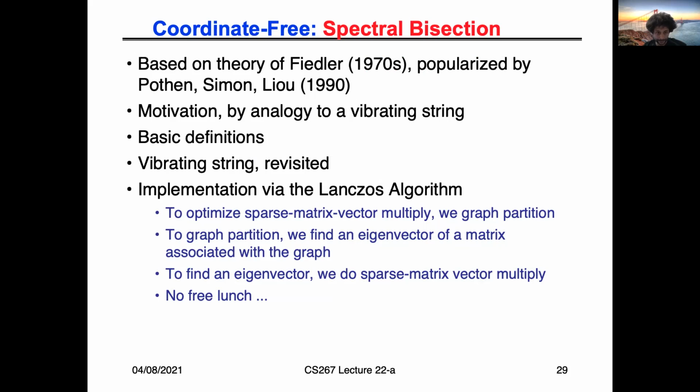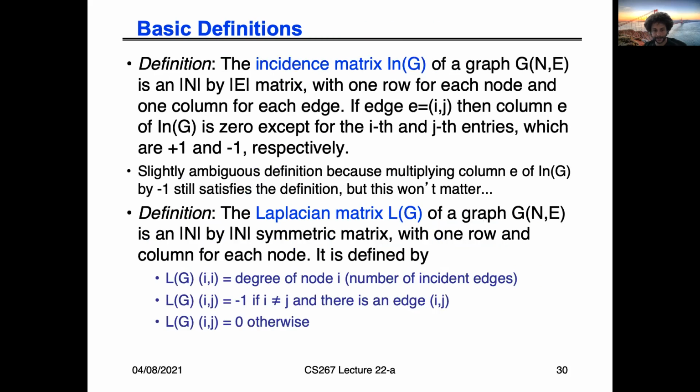You might have heard about this. The Laplacian is simply this matrix where the diagonal entries are the degrees of the nodes, so the diagonal entry I I is the degree of node I. And if there's an edge from I to J, then it's marked with -1, and everywhere else is 0.